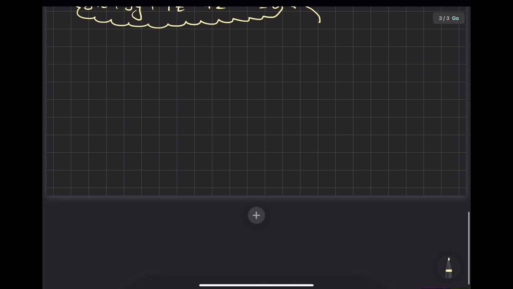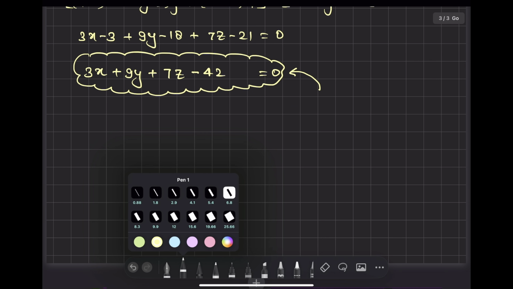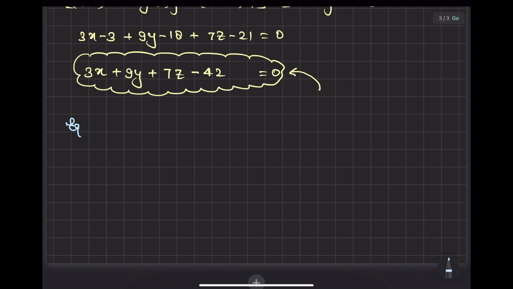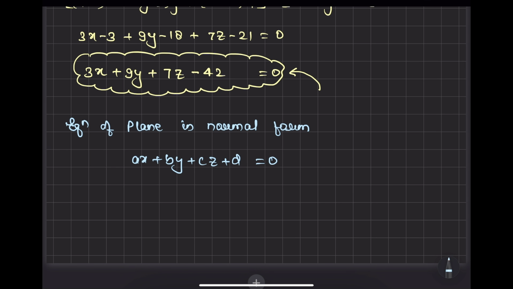So this is done. Now we have to digest one more line. Equation of plane in normal form. Okay? So in normal form you have to think. Now look at this. So normal means what? First they will give you the equation of a plane: ax plus by plus cz plus d, where d is a random number. Now how will you find its normal form?